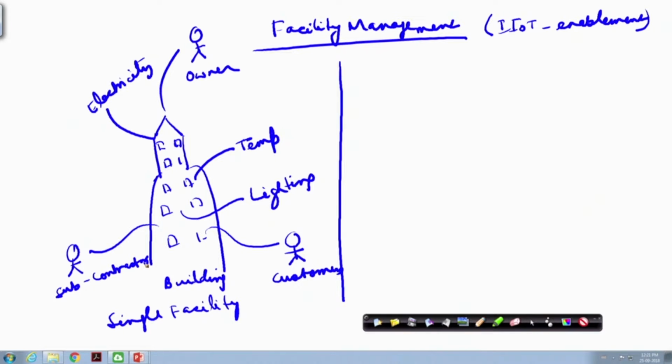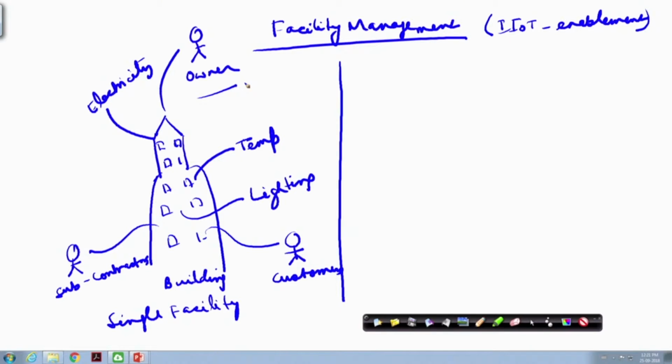So, whenever we are talking about facility management, we need to have a facility management department, which will take care of the management of all of these different entities that I have talked about.